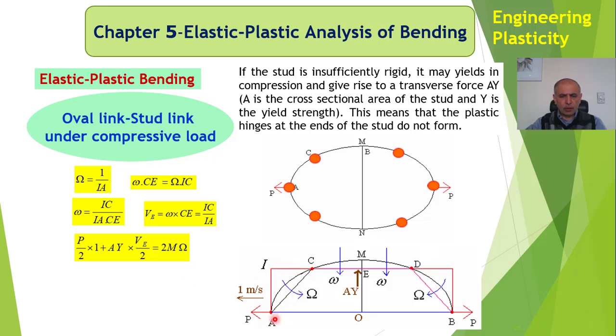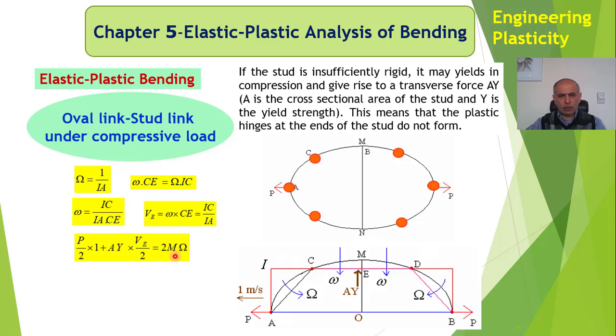And therefore P over 2 again times 1. Now we have another force here, which is AY times VE divided by 2. That is for the link here, and that's for the link here.